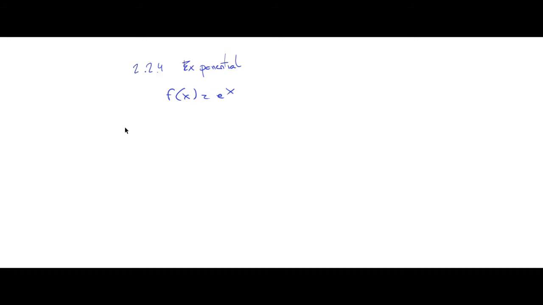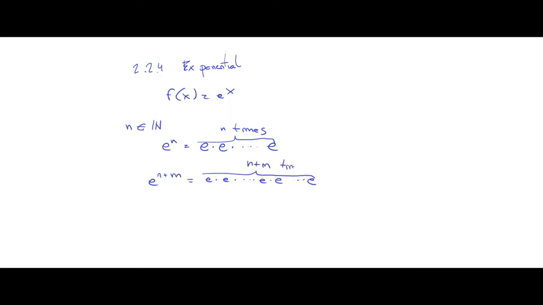So, we have n, a natural number, and I have e to the n. We know that this is just e times e times and so on, times e, n times. That's easy. But from this we get an interesting property: for n plus m, where these are natural numbers, we have e times ... times e, n plus m times.